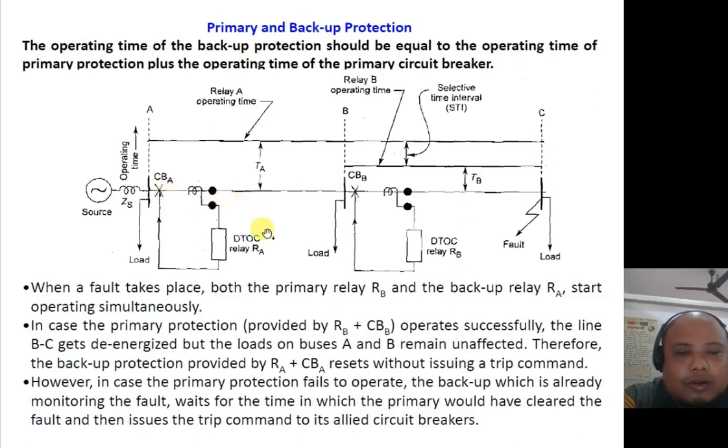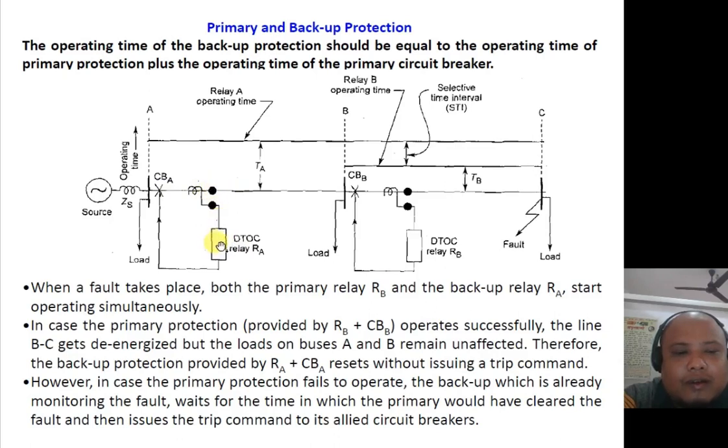So what did we learn? That operating time of backup protection should be equal to operating time of primary protection plus operating time of primary circuit breaker. Okay, so it will wait up to that much time, and keep on monitoring whether the current has gone back to normal or not.